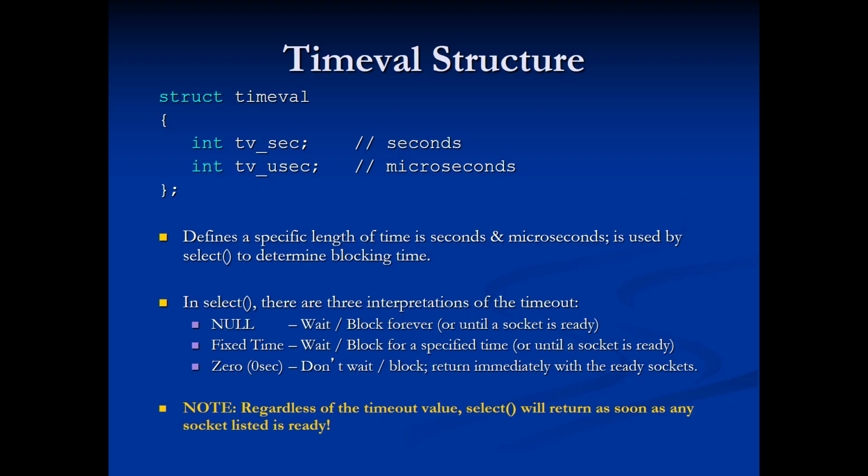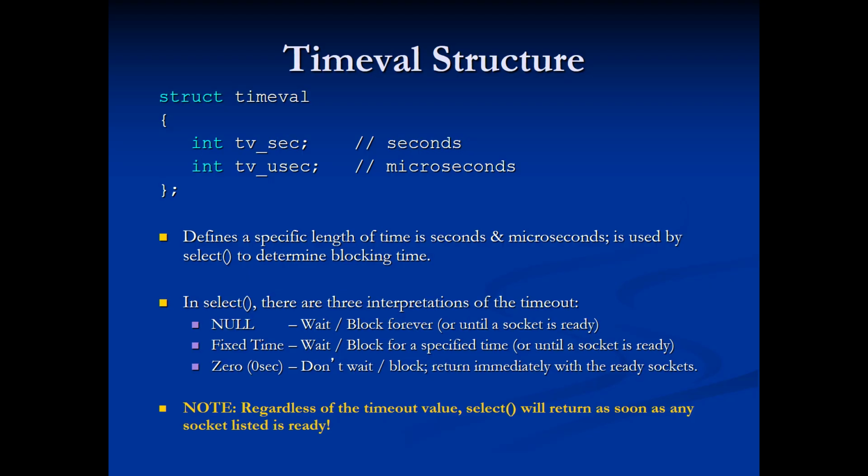That says you want to wait for that specific amount of time, or if information arrives before that time has elapsed, go ahead and return also. So either you wait for that time and, if no data has arrived, you return even though no data has arrived, or if data has arrived before that time has elapsed, you return before that time.